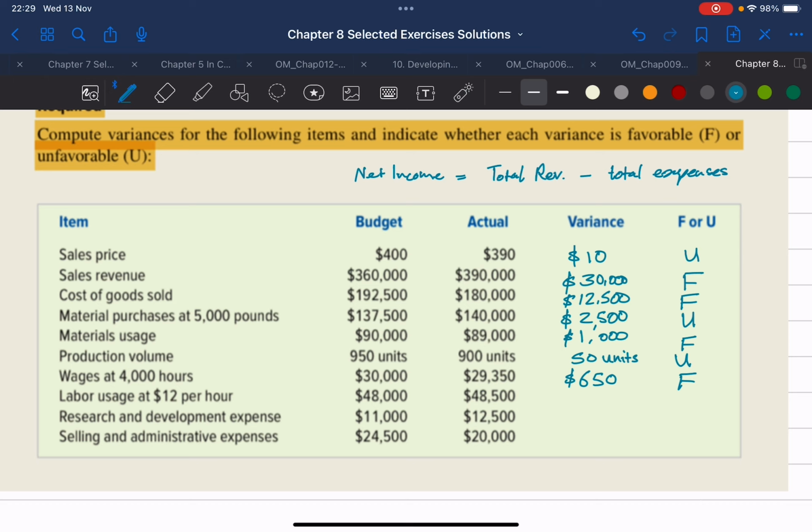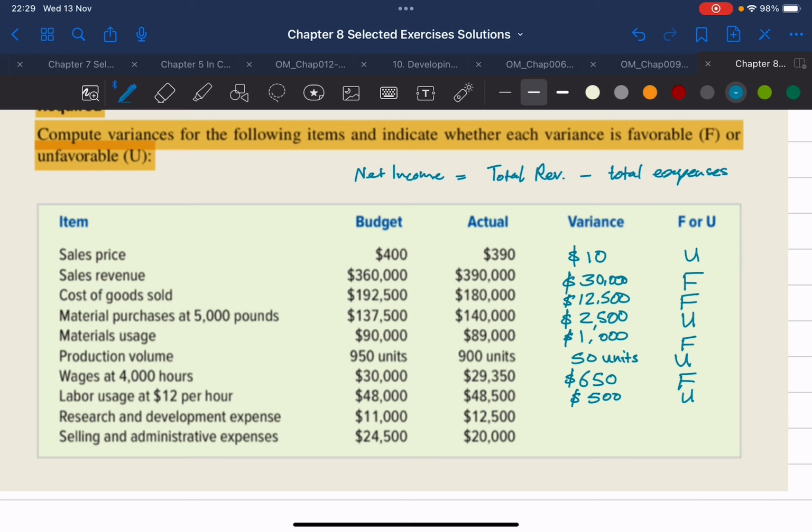Okay. Next one, labor usage at $12 per hour. The budget was 48,000. The actual was 48,500. As you can see, this is another cost, and it's higher than the budget. So the difference of $500, and that is an unfavorable difference.